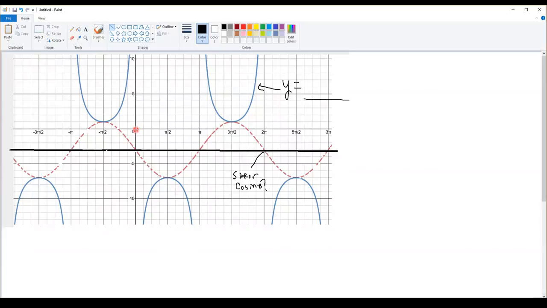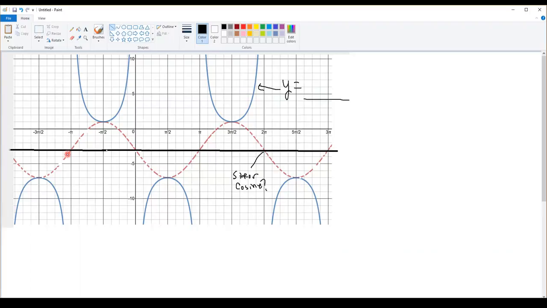So if we consider this point right here, that would be a sine graph that's been shifted to the left pi units. Instead of starting at the origin, it starts left pi units. So this is communicating to me that this could be a cosecant graph, because it's a reciprocal.